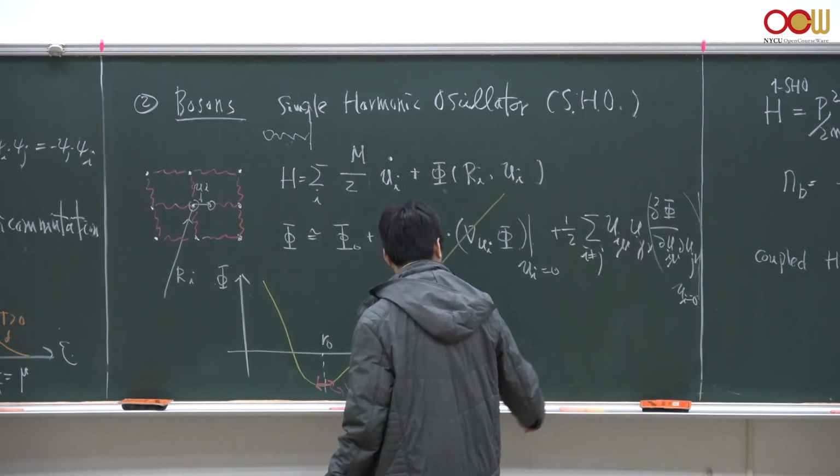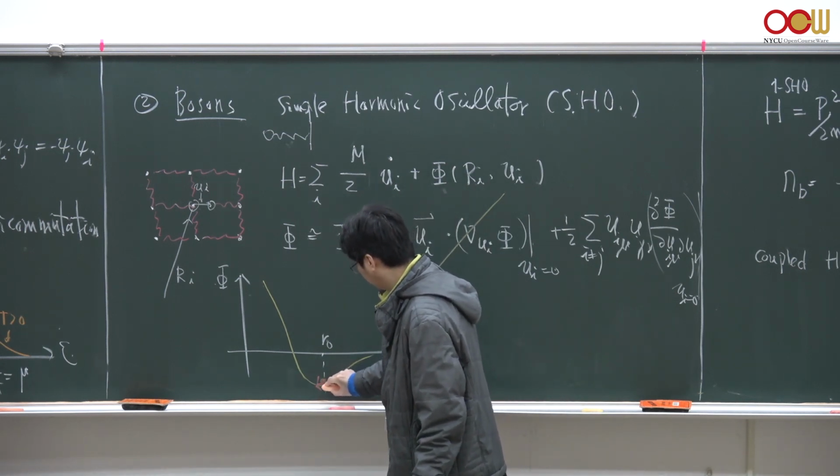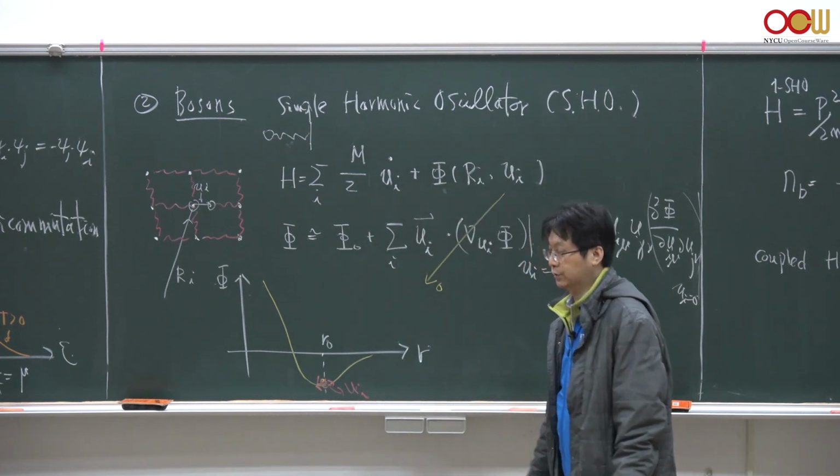We could make an approximation to simplify this Hamiltonian near the minimum point of such an ion potential.